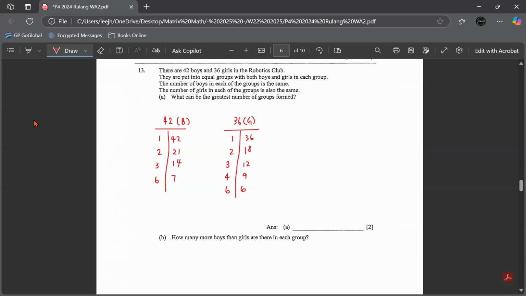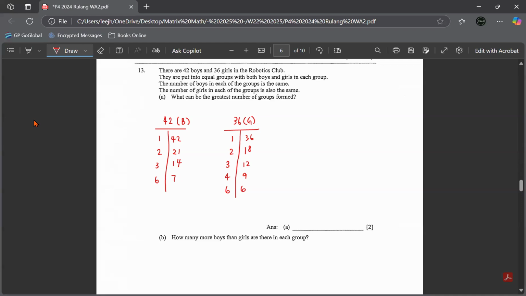And likewise, if you have two groups, 36 girls will split into two groups, so each group will have only 18 girls. So this one, three groups, 14 boys each, six groups, 7 boys each. Then you switch around. 7 groups, 6 boys each. 14 groups, 3 boys each. 21 groups, 2 boys each. If there are 42 groups, obviously each group can only have one boy.